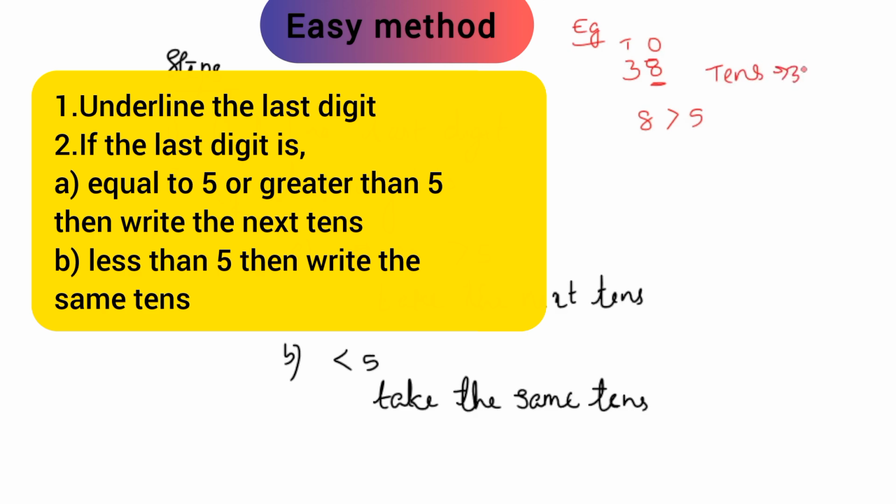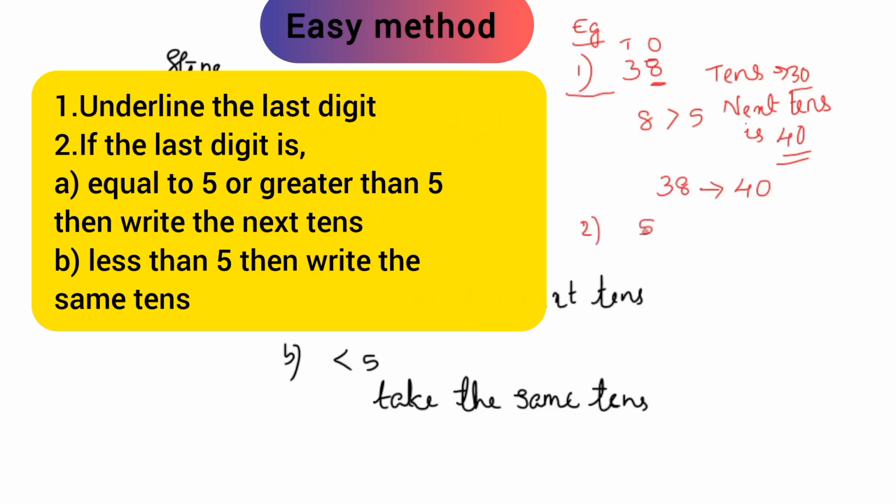That is, the tens is 30. But the last digit is greater than 5. We have to take the next tens for rounding 38 to the nearest tens. That means, what is the next tens? Yes, after 3 tens we have 4 tens. That means 40. So we can round 38 to 40.